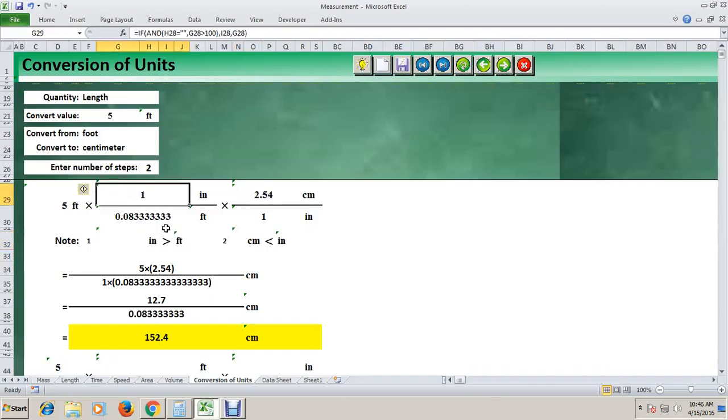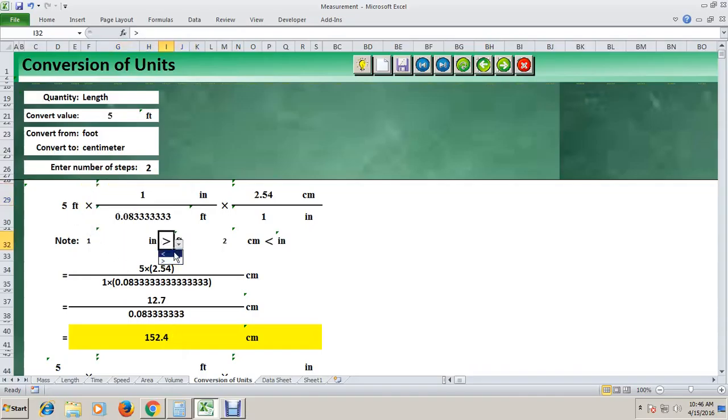But actually, regardless of whether you're going to make use of this conversion factor, 1 over 0.0833 and so on, for 1 inch, still you will be arriving with the same number of centimeters when we do the conversion.